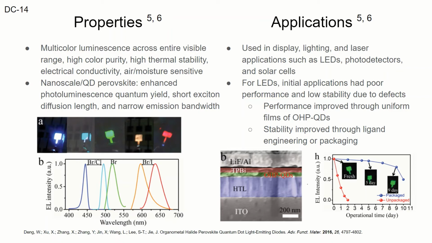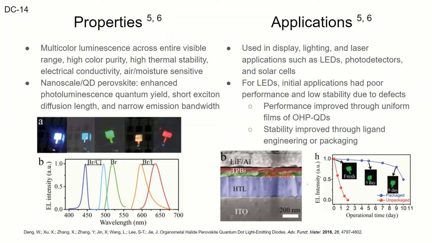In organometallic halide perovskite quantum dots, or OHP quantum dots, initial applications showed poor performance and low stability due to defects. Recall that the synthesis of perovskites is simply crashing crystals out of solution. It's hard to expect obtaining something uniform through such an untamed process.